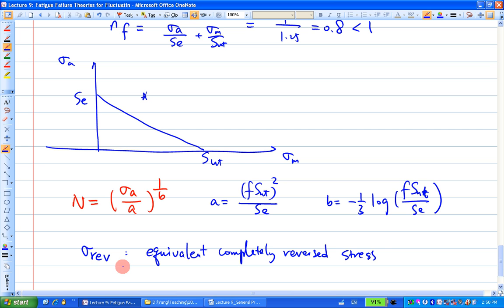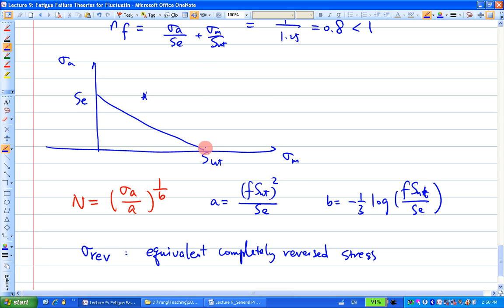So how do I come up with this equivalent complete reversed stress then? This is basically one of the points I was mentioning. Remember what I said: when you look at this curve here, every point on this curve, theoretically, has the same number of cycles, which is 10 to the power of 6, right? This is how they create this infinite life boundary, 10 to the power of 6.